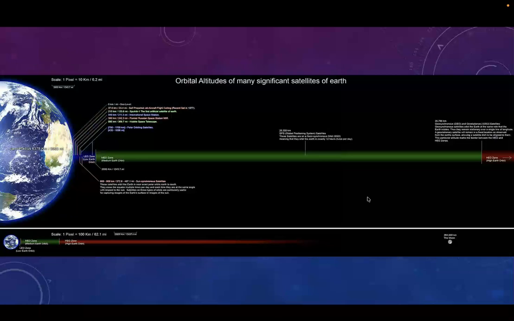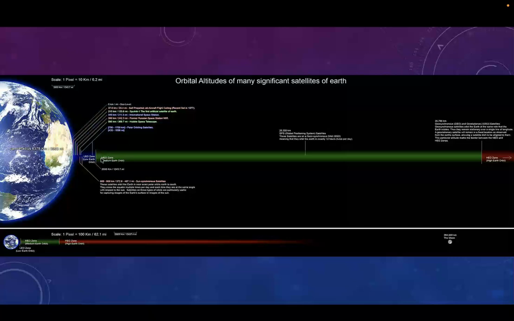So this diagram here kind of summarizes that. This diagram shows different kinds of orbits. A lot of our satellites will be in low Earth orbit, which is this little bit here, just outside the Earth's atmosphere, used mainly because it doesn't require a lot of rocket fuel to achieve these orbits compared to other kinds of orbits, which means it's not too expensive to launch them, because the further you have to launch a satellite, the bigger the rocket and the more rocket fuel you need, and therefore the more expensive it becomes.